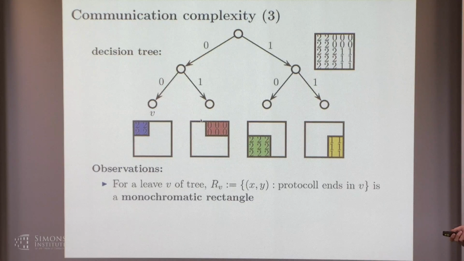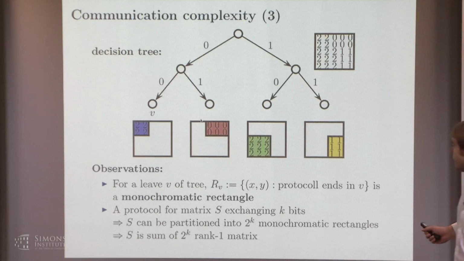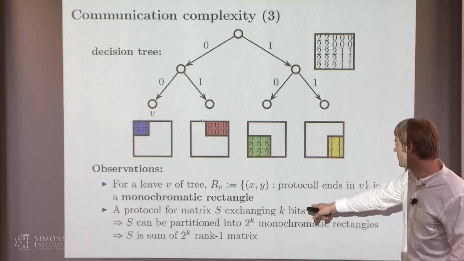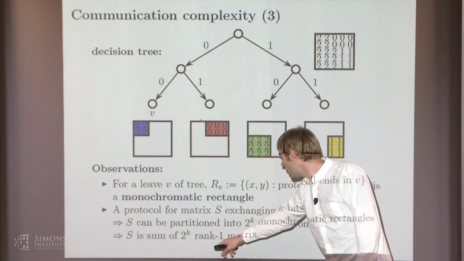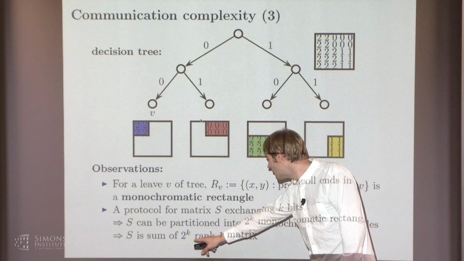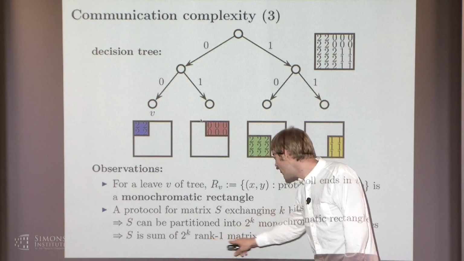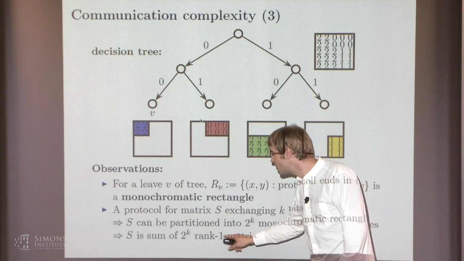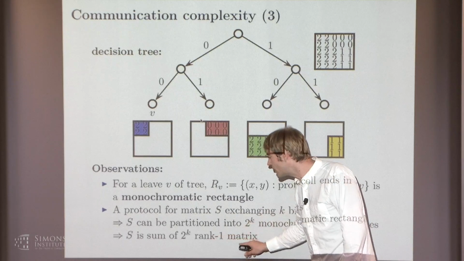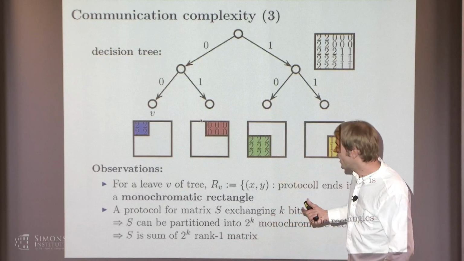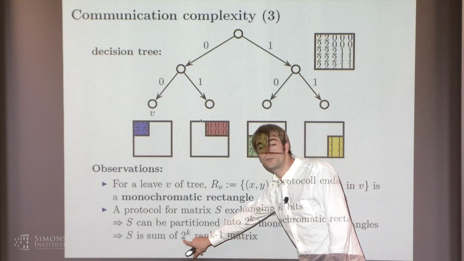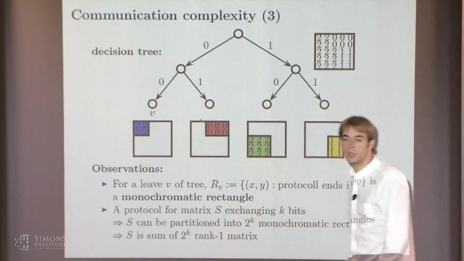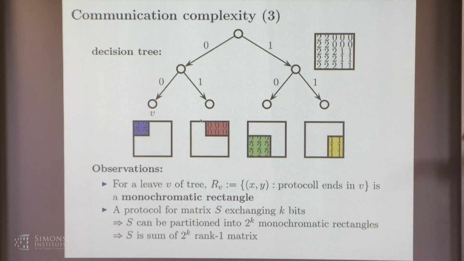And that just means you can write your matrix as a sum of 2 to the C many non-negative rank 1 matrices. So this is just a non-negative factorization, and this is the size of your non-negative factorization. It's just 2 to the depth of the tree, the number of leaves of the tree.